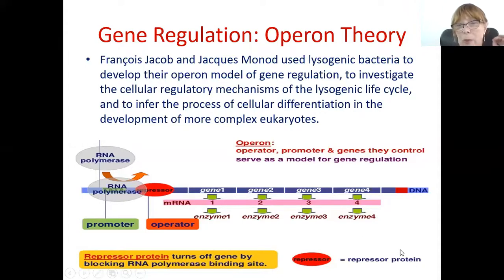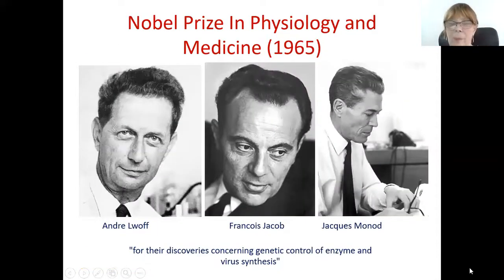Now we know that one operon gives rise to one protein. And these people, Andre Lwoff, Francois Jacob, Jacques Monod, received their Nobel Prize in 1965 for their discoveries concerning genetic control of enzyme and virus synthesis.